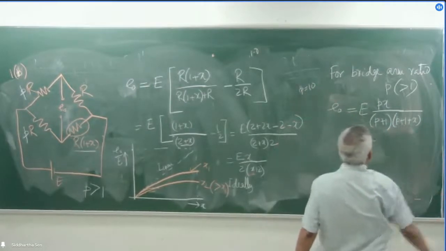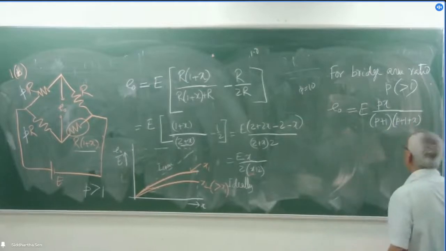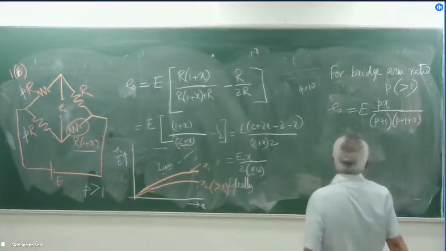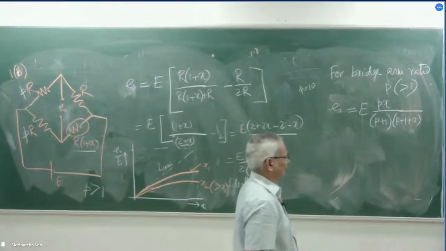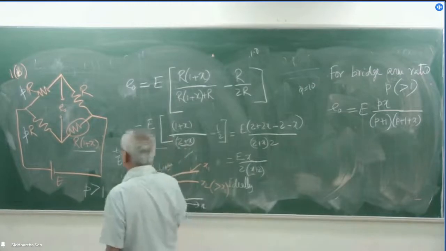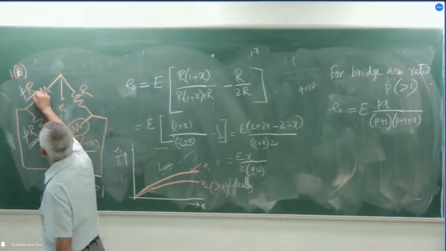So here it is 11, and even if x is more or almost equal to 1, this one is much smaller compared to this one. I will get a more linear characteristic if I use a bridge arm ratio higher than 1.